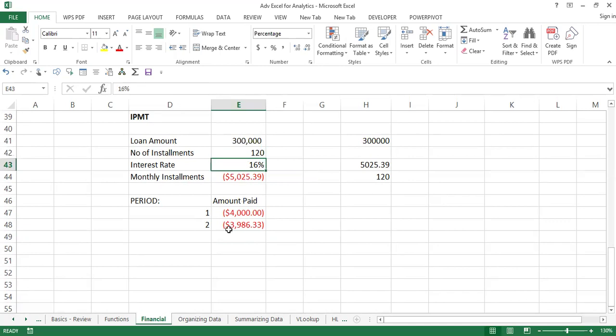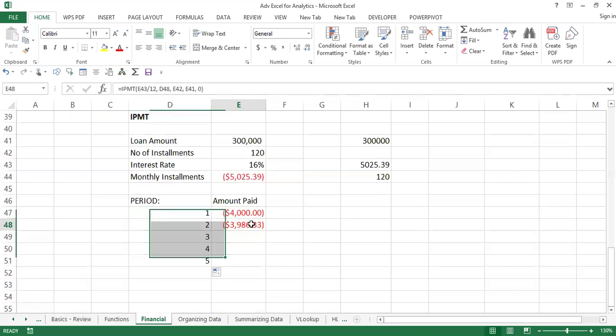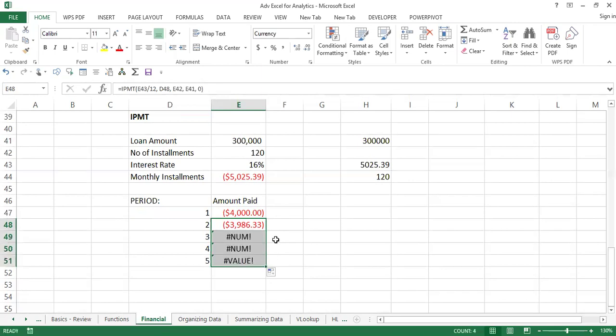Okay. So what if I want to calculate the others automatically? What do I do? If I drag, just drag. Are you sure that will work? It will work, yes. Not going to work. Let's see why it's not working.